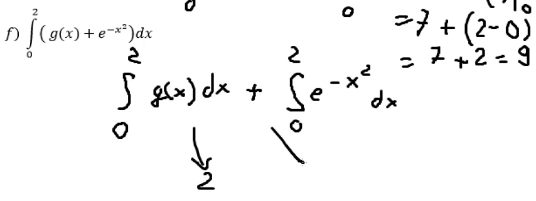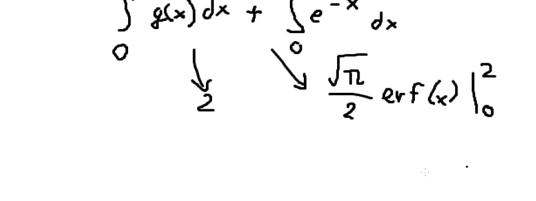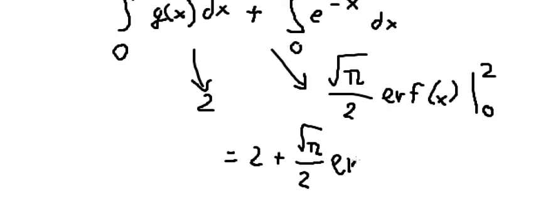This one we got the square root of pi over 2 error function. We put x and we have the boundary from 0 to 2. So we got 2 plus the square root of pi over 2 error function of 2.